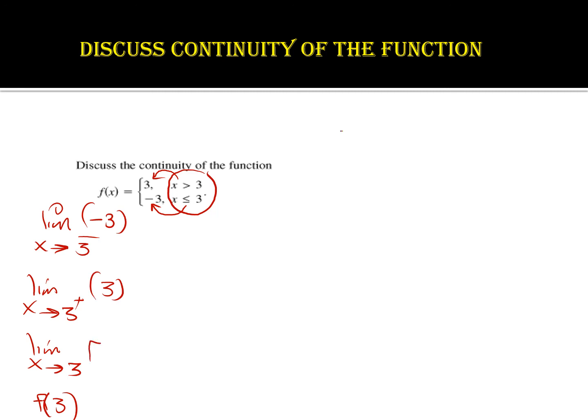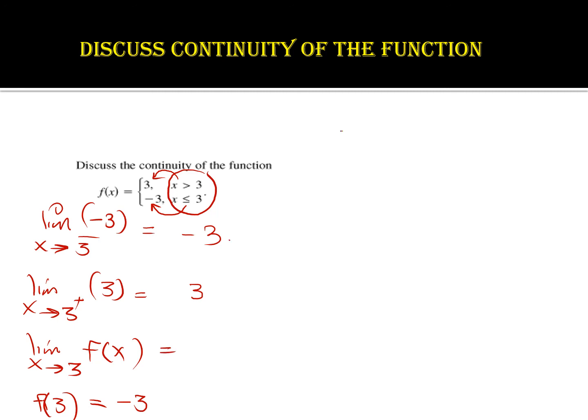Limit from both sides we will conclude later on, and f of 3 means the equal sign, which is the second situation, that is -3. Now you don't have the x, it is a constant value, so you will get -3, because there is no place to replace the x by 3, and here the second limit is 3 by using the constant property of limit.